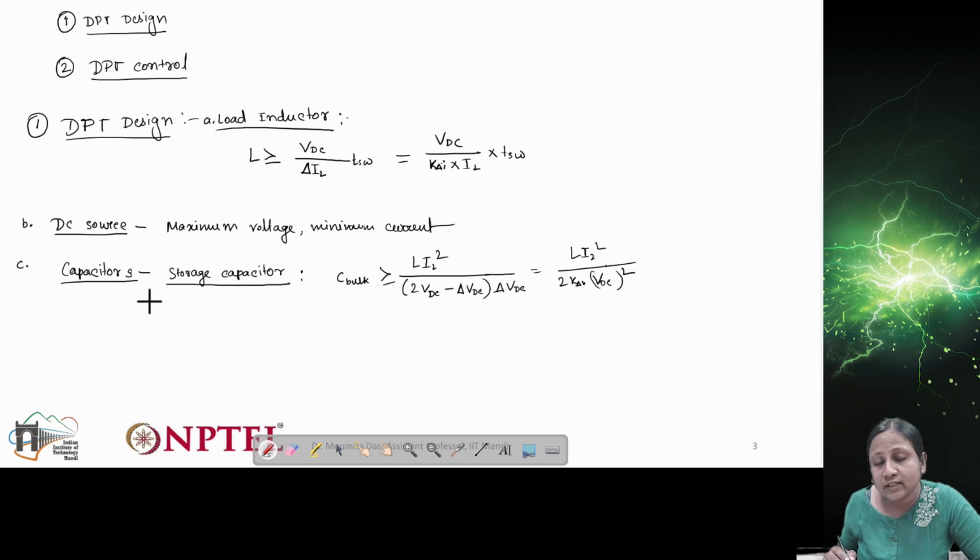Now there is another capacitor, the decoupling capacitor.